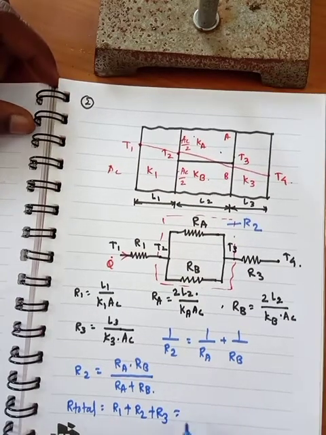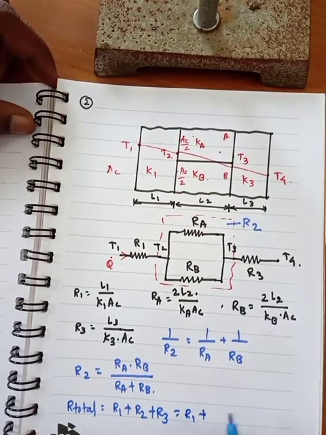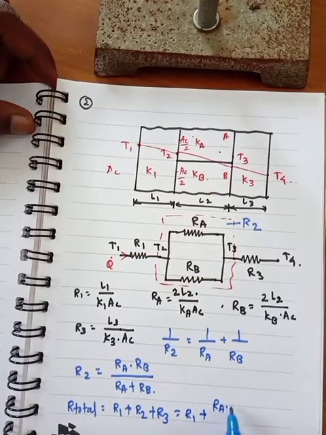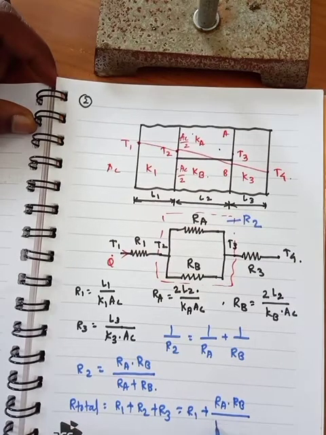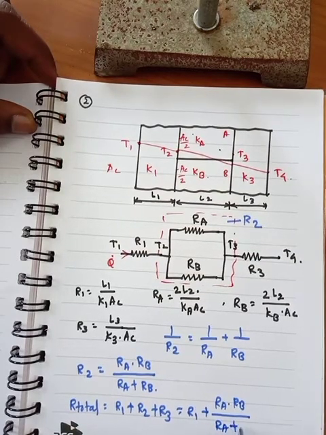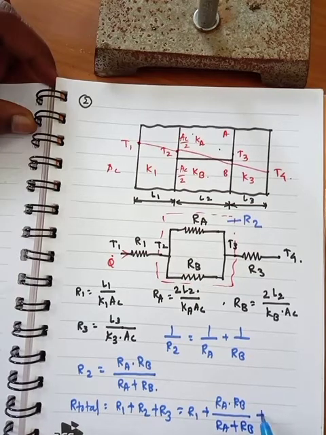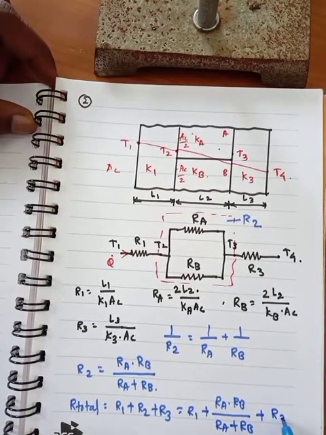So this is equal to R1 plus RA into RB divided by RA plus RB, plus the last, R3.